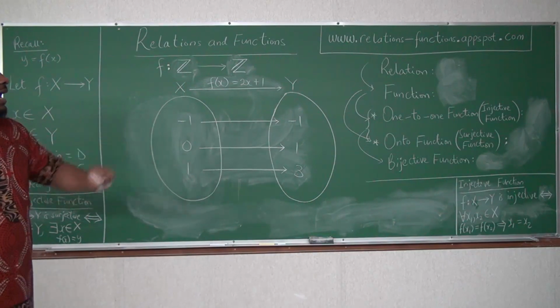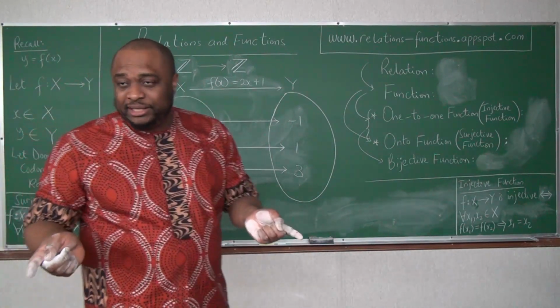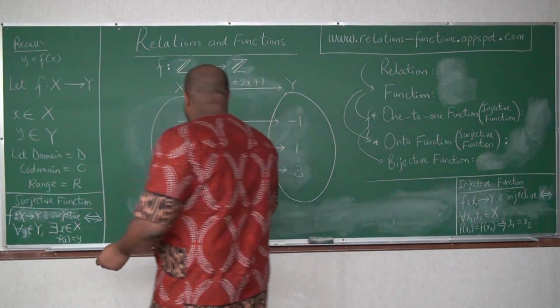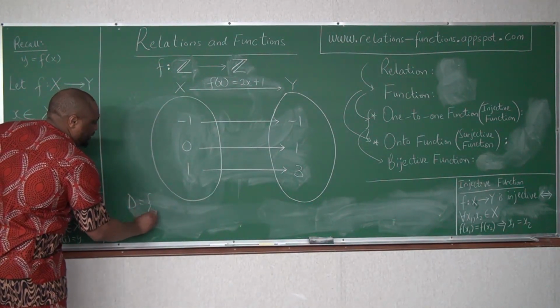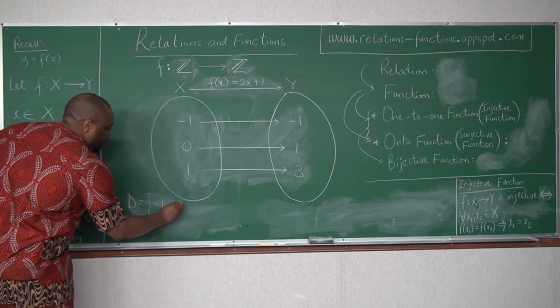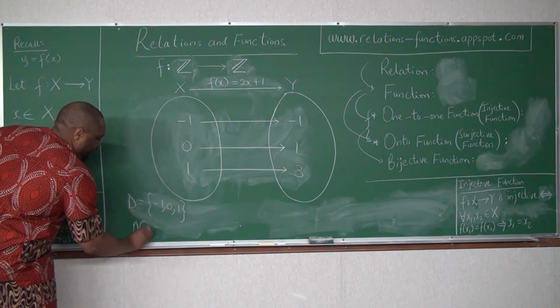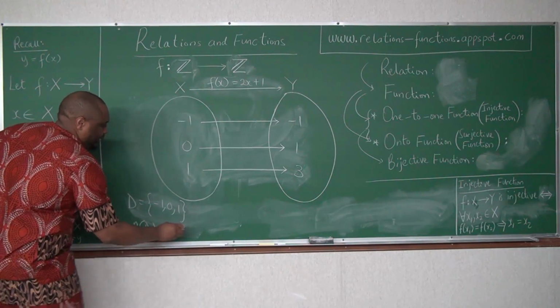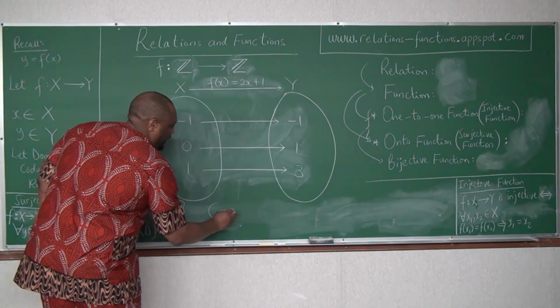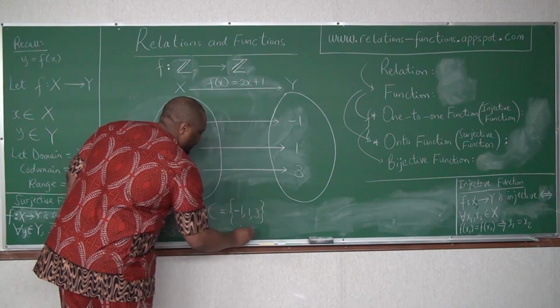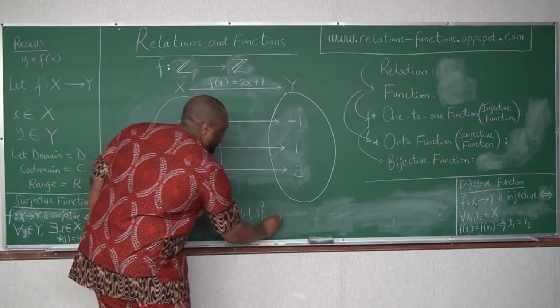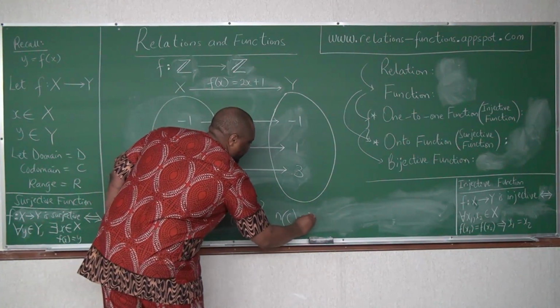So here, is it a relation? Now, as you can see, the domain is -1, 0, 1. The cardinality of the domain is 3. The codomain is -1, 1, 3. The cardinality of the codomain is 3.